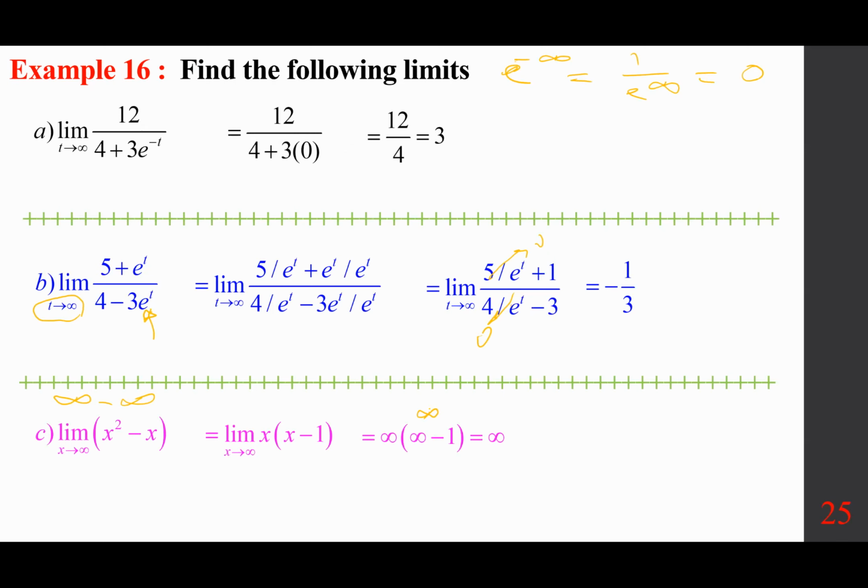So in problem A, we put e to the negative power of t as 0, but in problem B, we wouldn't put 0 for e to the power of t. No. If you look at this one, this is e to the power of minus t.